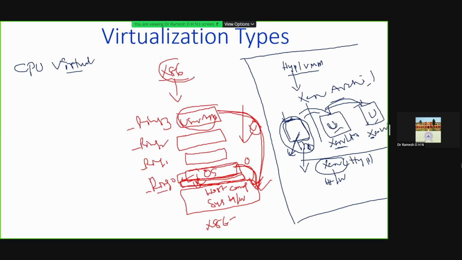Here VMware resolved the challenge. The VMware framework resolved this challenge in 1998 itself, developing binary translation techniques that allow the VMM, the virtual machine monitor, to run in ring 0 itself.